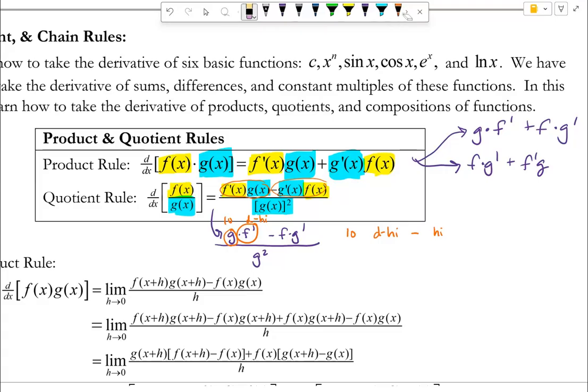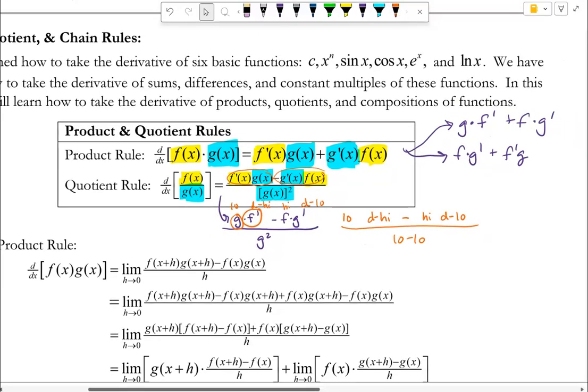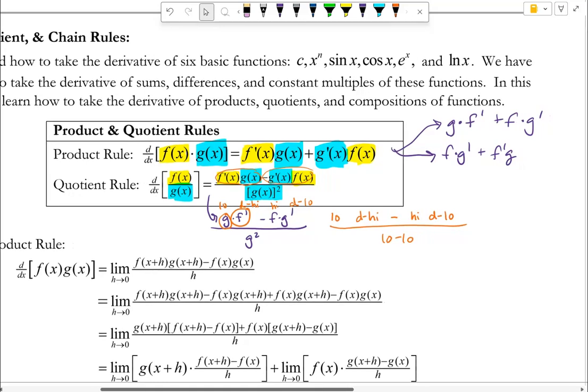So high d low, that is, again, our numerator times the derivative of low, the thing on bottom, our denominator, all of that over low. And what I tell my students, and you are my students, I tell y'all to remember to start low, end low. So low d high minus high d low over low.